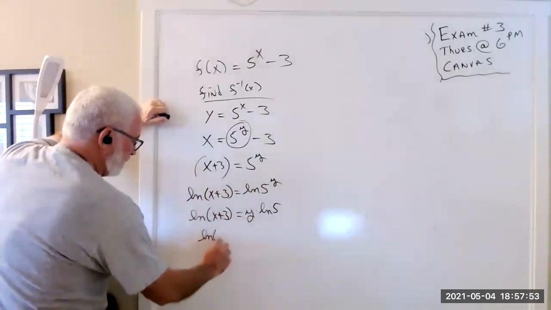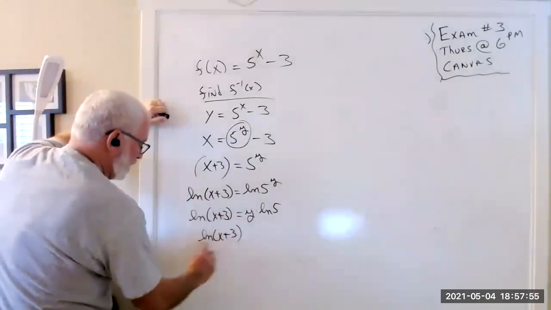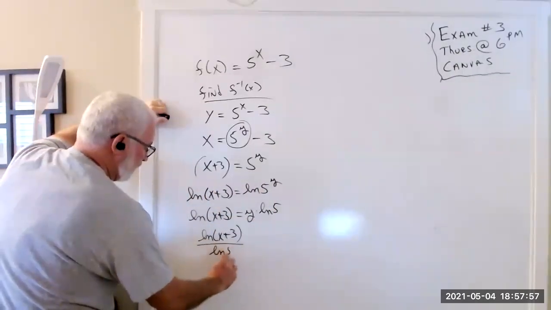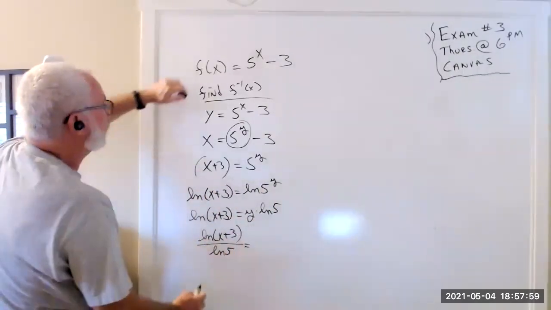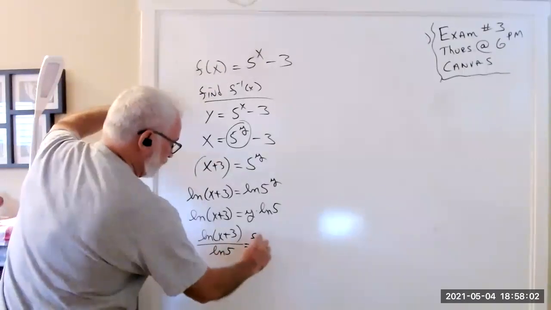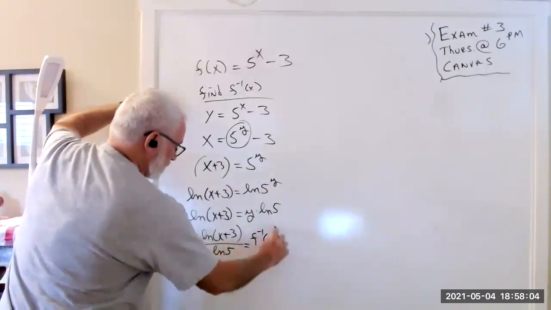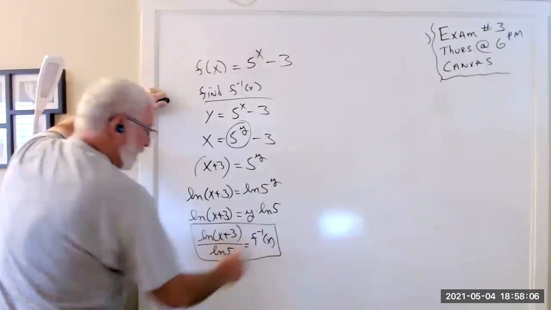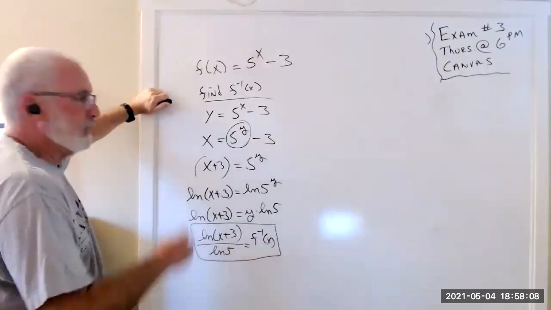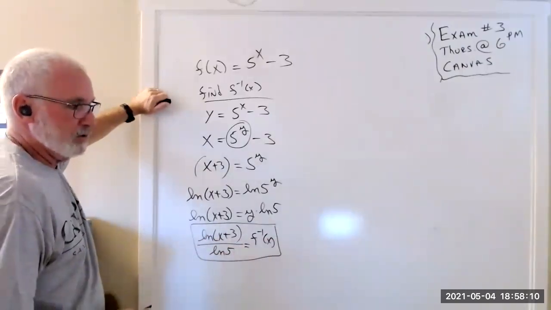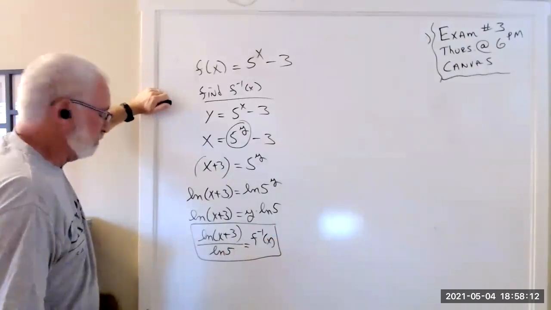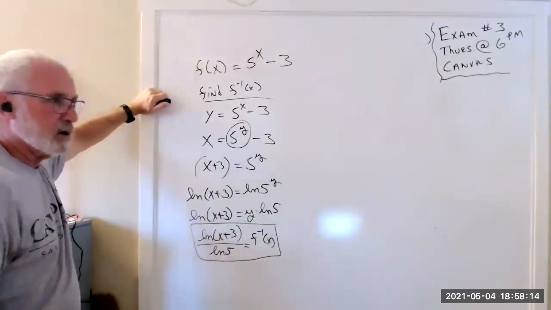So the ln of x plus 3 divided by the ln of 5 equals y, but instead of y, we'll say f inverse of x. And we're done. Now that's one method. Okay, that's a perfectly legitimate way of doing this problem.